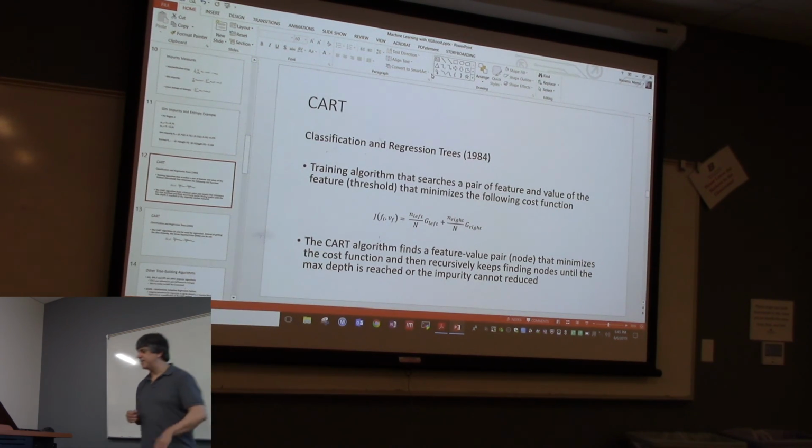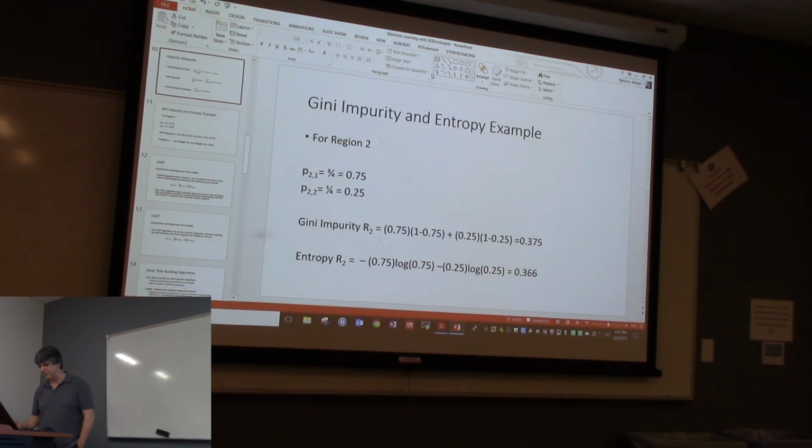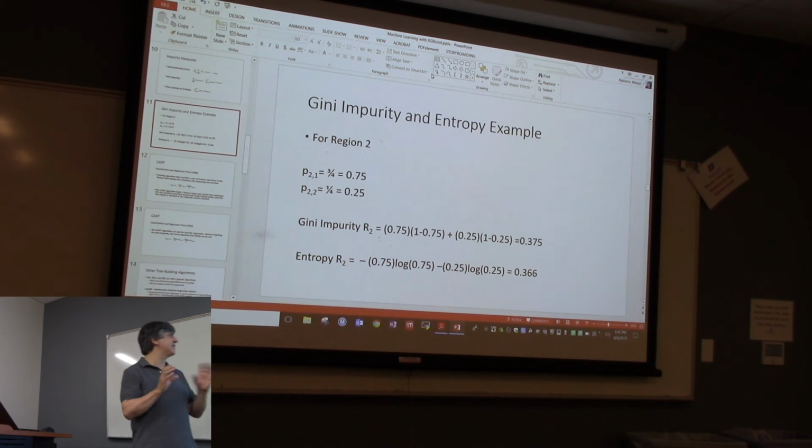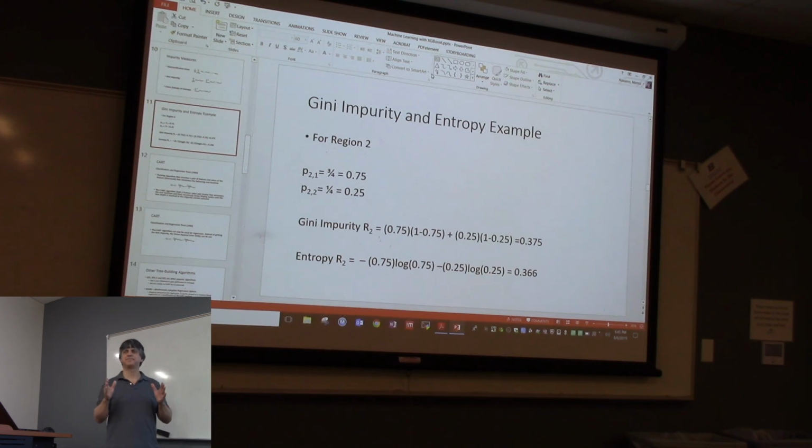Try to find the partitions that give you the maximum purity. In other words, that separate the data into the two classes, or the K classes, that you are trying to differentiate and predict.